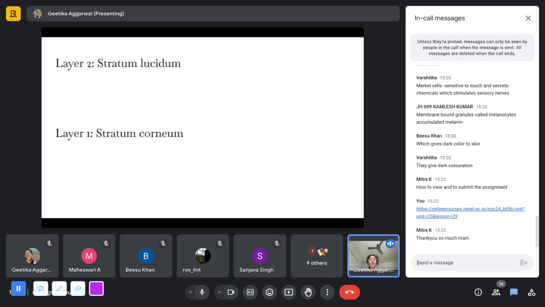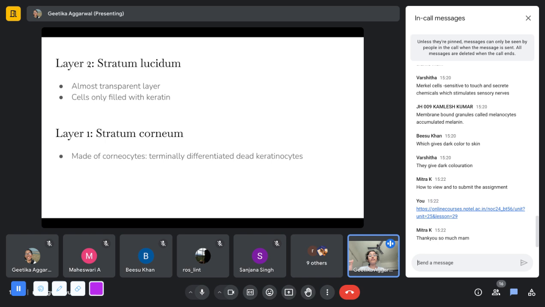Moving on to stratum lucidum and stratum corneum, these are the top two layers of the epidermis. The stratum lucidum is an almost transparent layer, and the cells are filled with keratin. And the stratum corneum is the topmost layer.